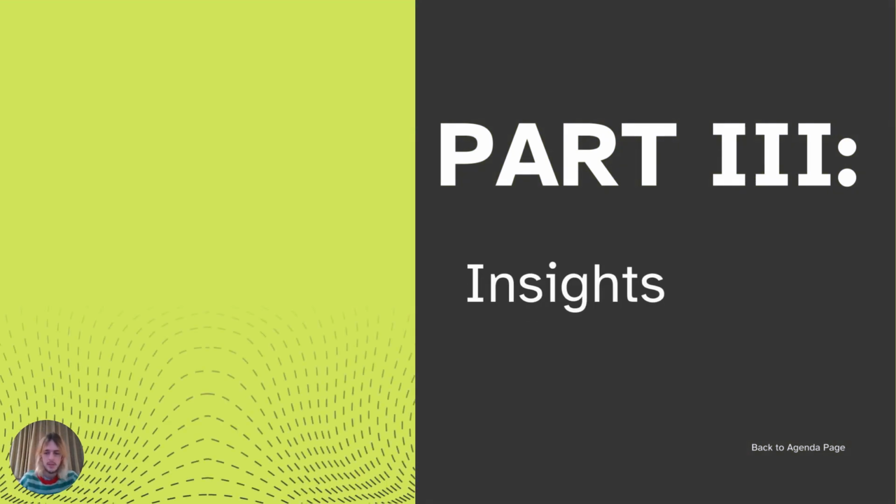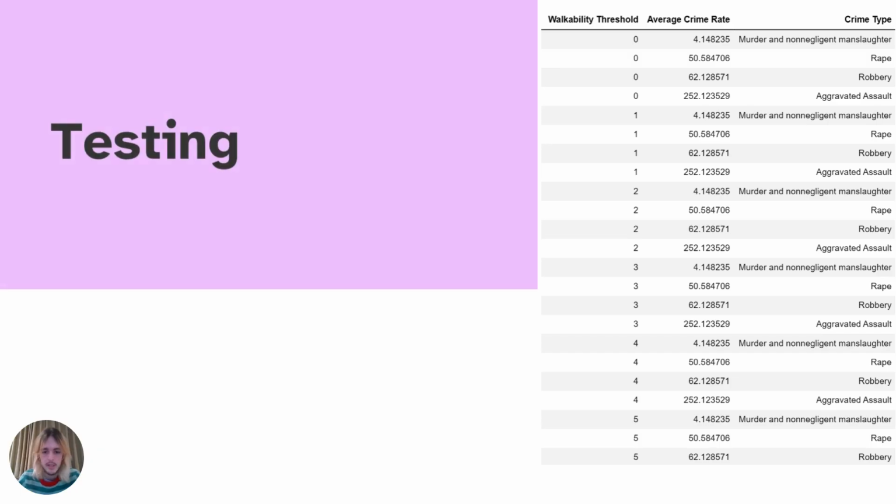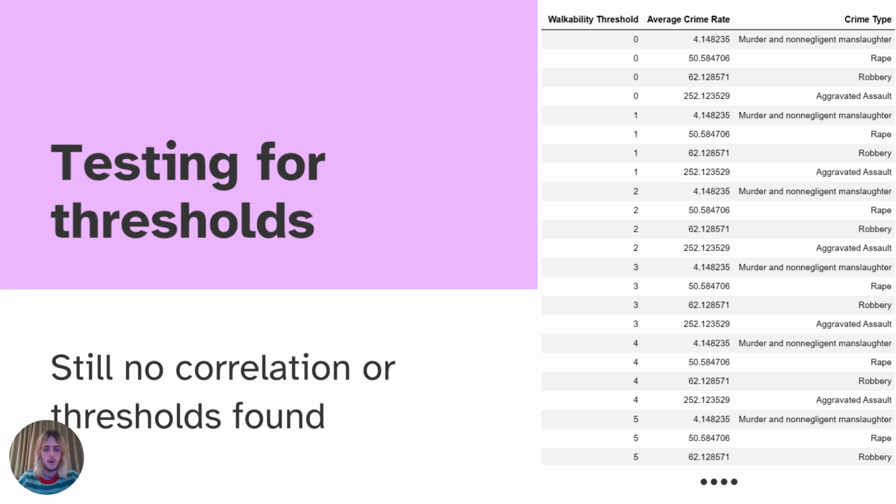So for part 3, here are some of the insights that I dug into in my project. First of all, I wanted to test for thresholds. I wanted to see if there was a walkability threshold at which it was worth it for a city to invest in their walkability, and if there was a point at which implementing more walkability is either ineffective or even increases violent crime.